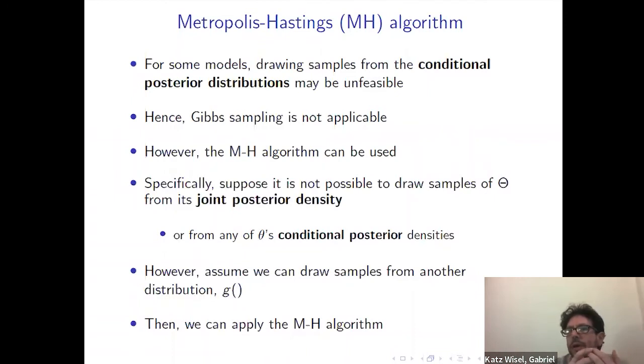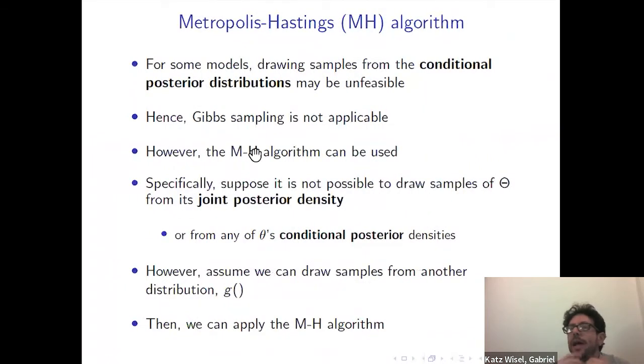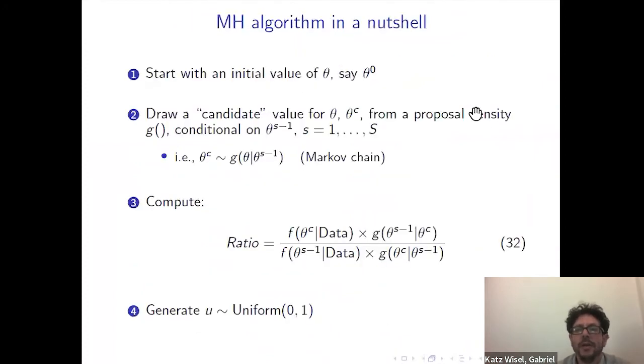Essentially, the Metropolis Hastings algorithm is used when we cannot even sample draws from these conditional posterior densities, but we can, however, sample from another distribution, say G, right? And in those cases, we are going to resort to this second main algorithm.